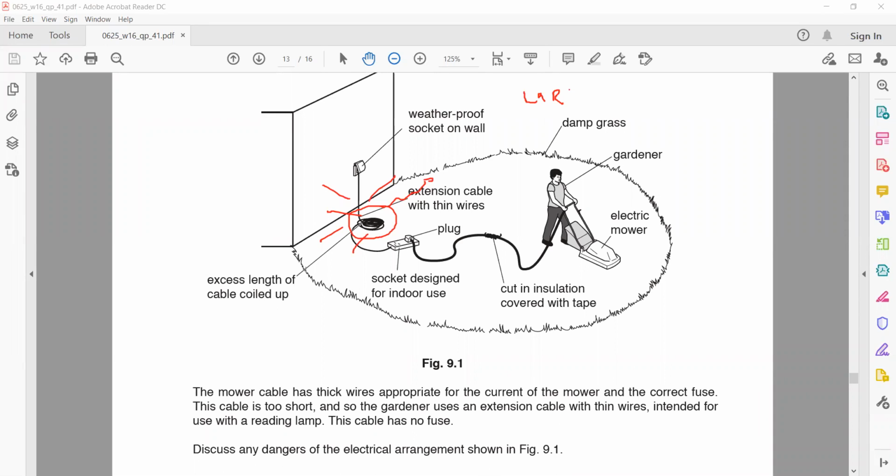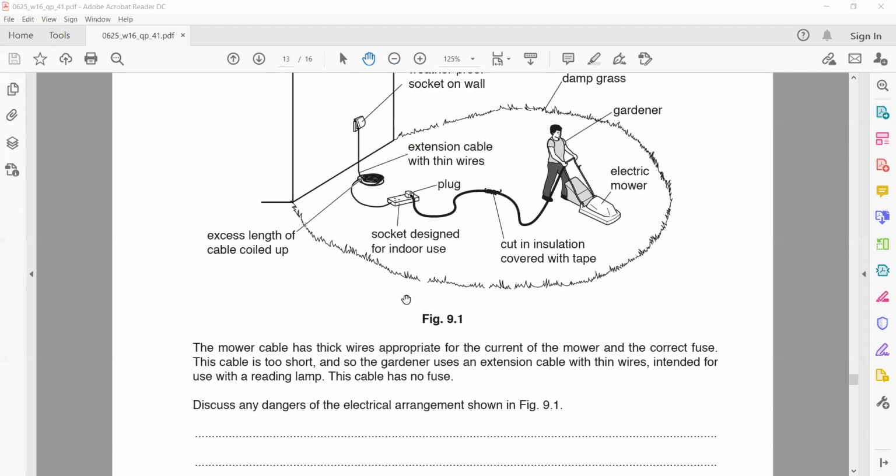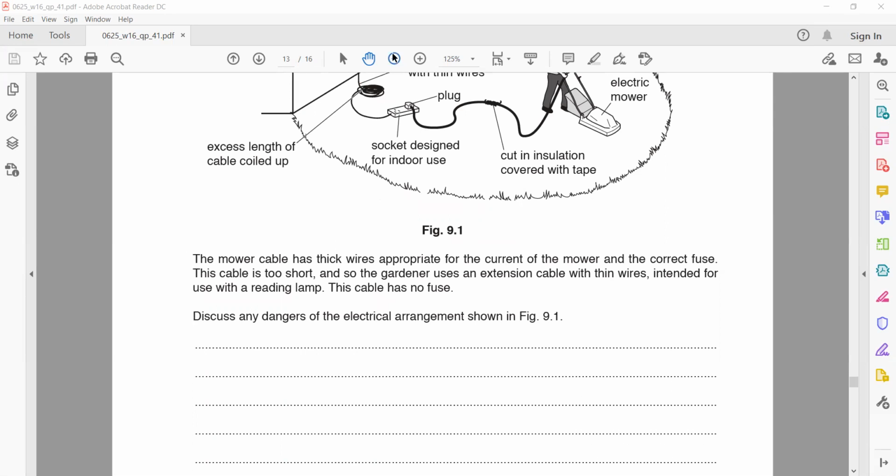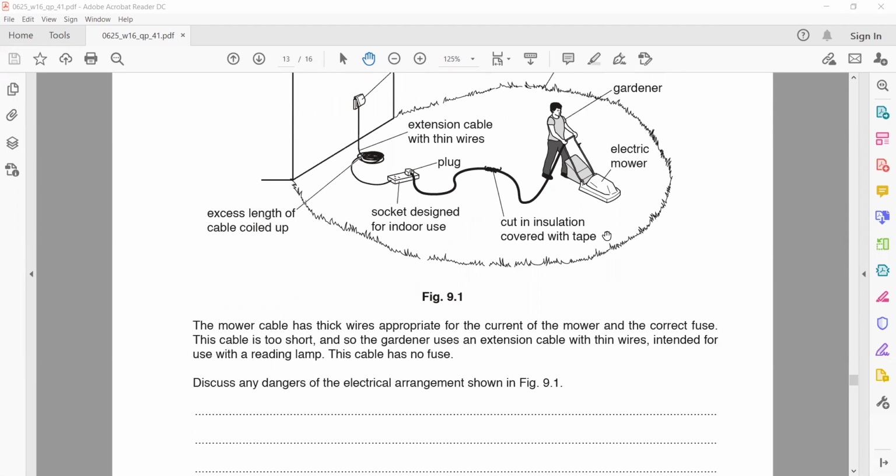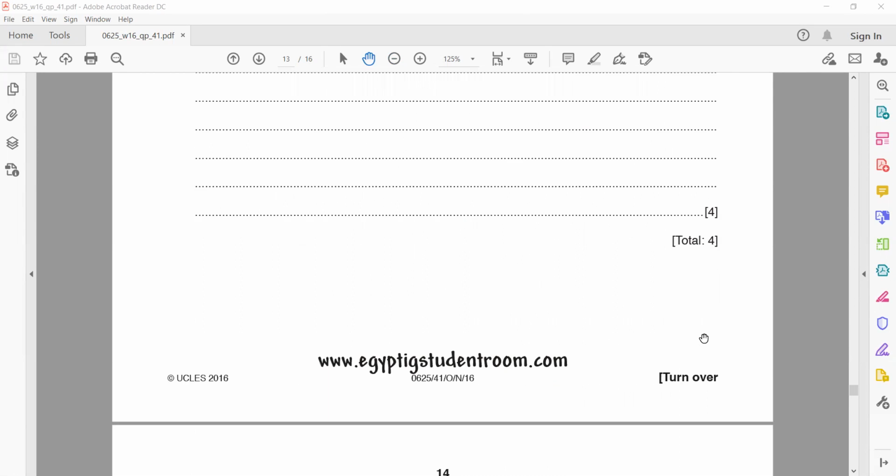Yes, that's right. Moisture or water can get into the wire which is cut, so there is electrocution, or a person may get an electric shock. So you will mention two things related to electric shock, and two things related to fire or overheating. That's why it's 4 marks.